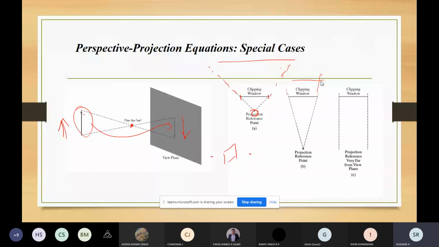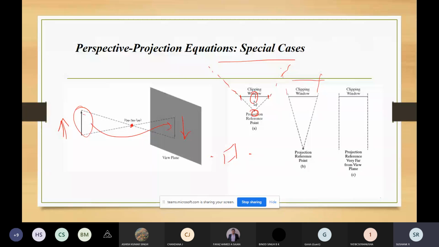If the projection reference point is closer to the view plane, it will look enlarged. The first situation is that the closer objects will appear much larger than the distant objects which are of the same size.